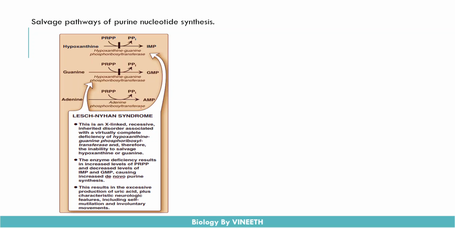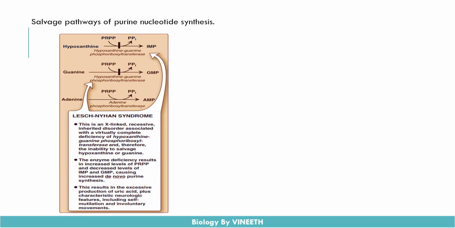This HGPRT enzyme plays a major role in the conversion of hypoxanthine to inosine monophosphate, and if there are low levels of hypoxanthine guanine phosphoribosyl transferase in certain individuals, that will lead to Lesch-Nyhan syndrome. This is an X-linked recessive inherited disorder which leads to deficiency of the HGPRT enzyme.